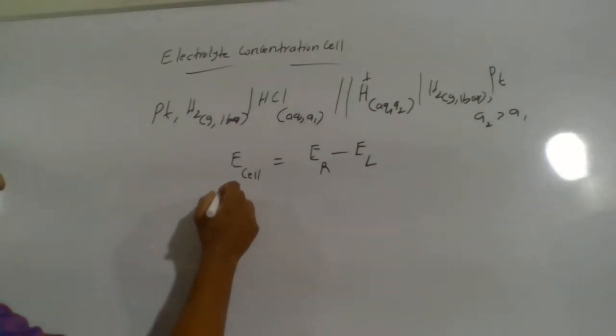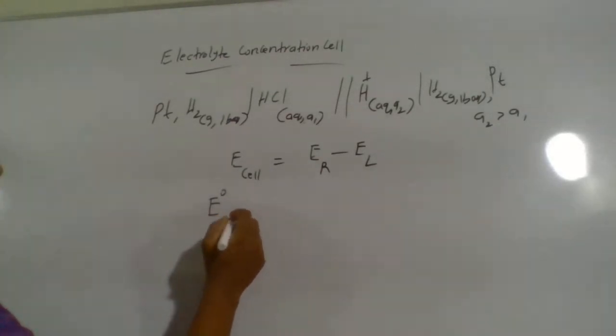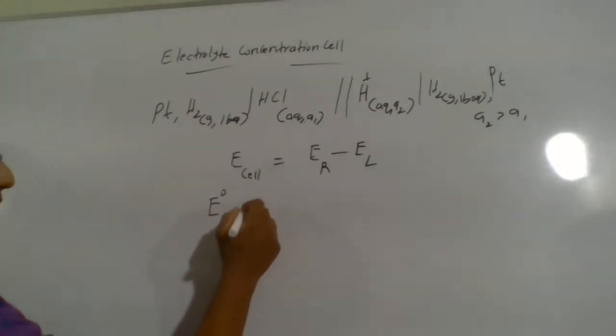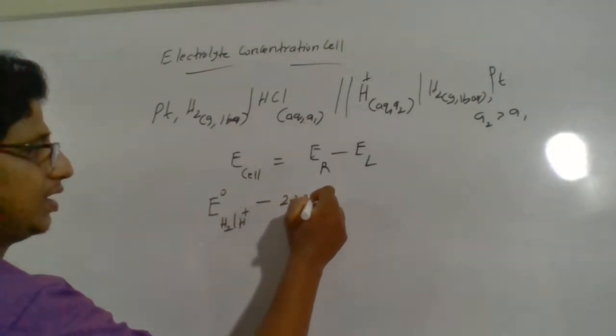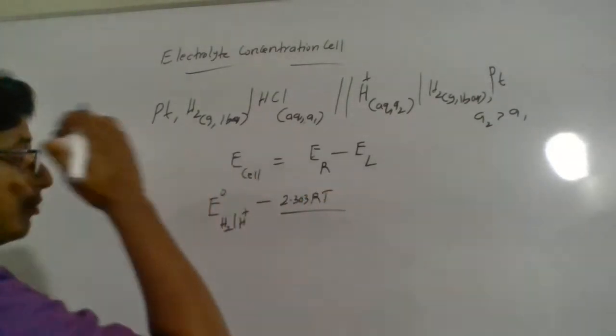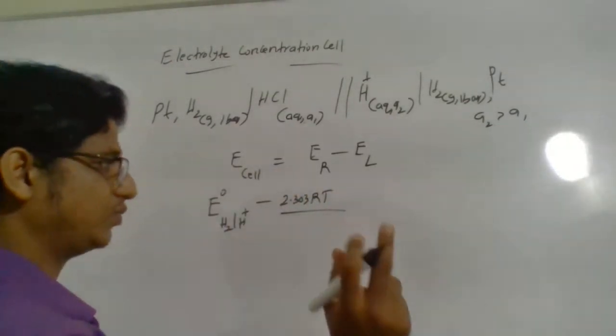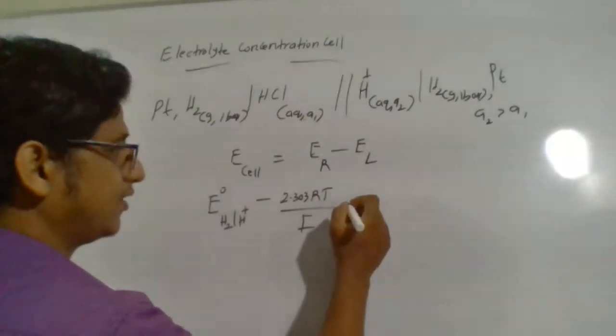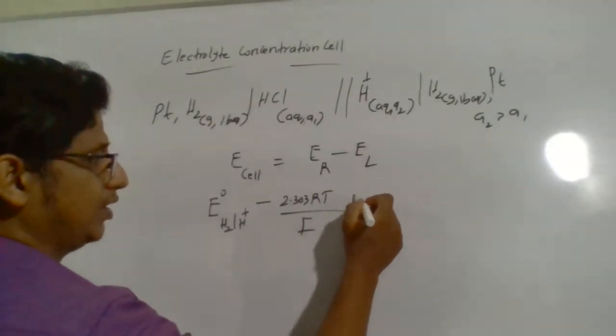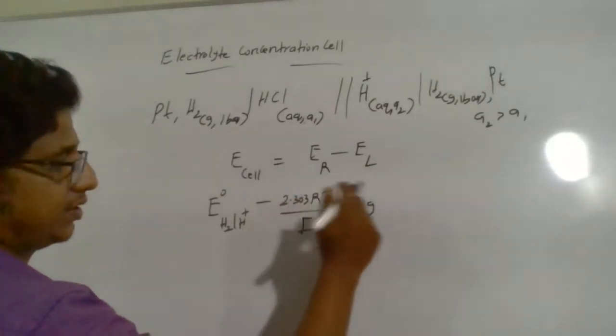It will be equal to E0 H plus by hydrogen minus 2.303 RT by nF. The number of electrons involved in the reaction is 1, as we already saw, so it is 2.303 RT by F log, because we multiply by 2.303.